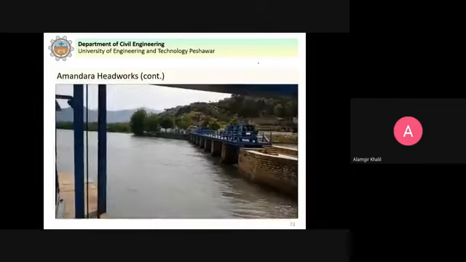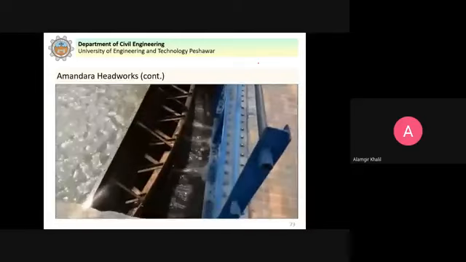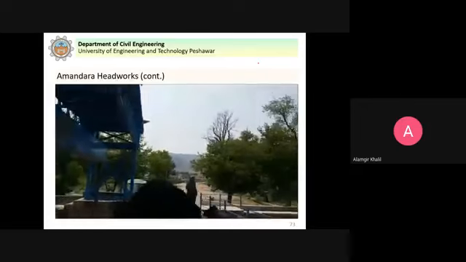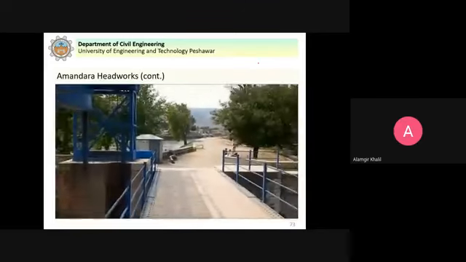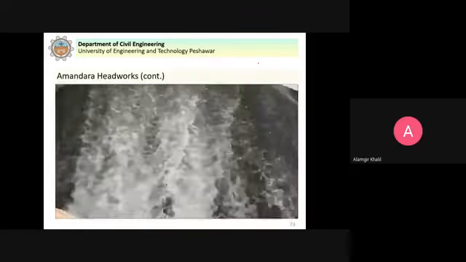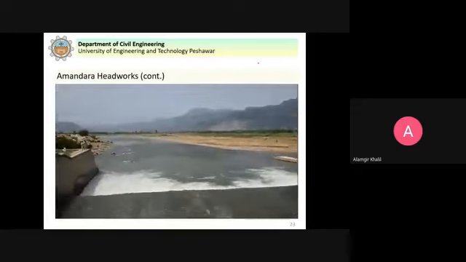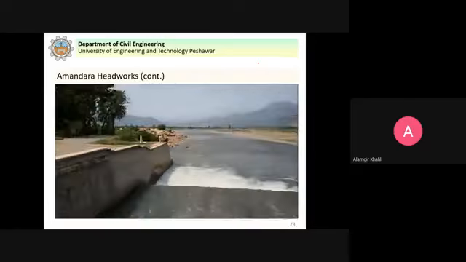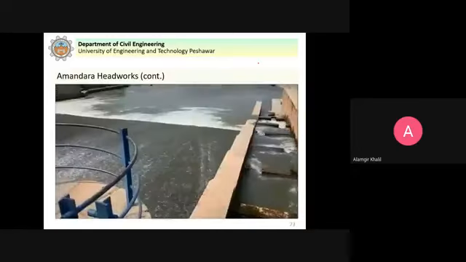This is the canal head regulator. You can see the fish ladder.